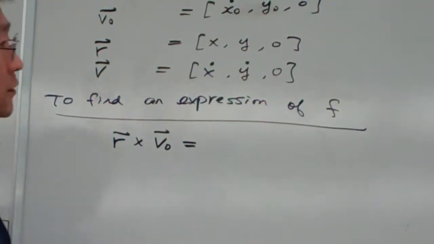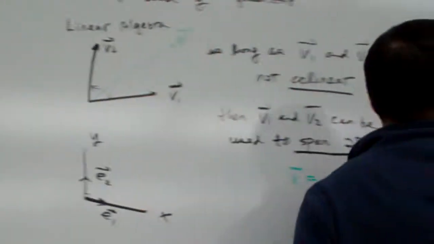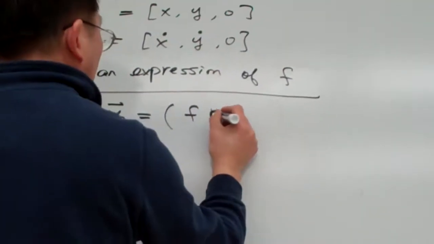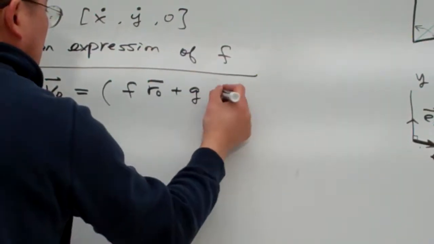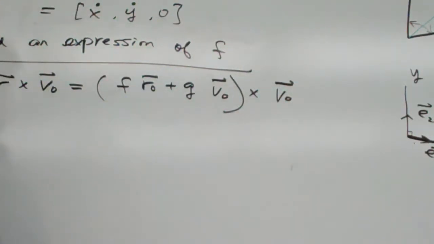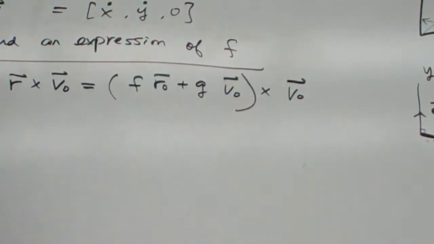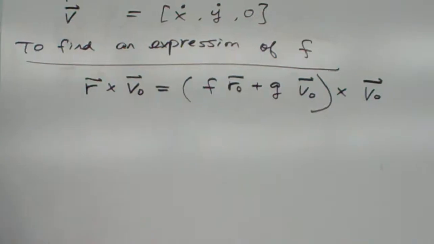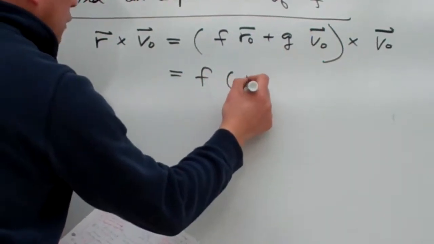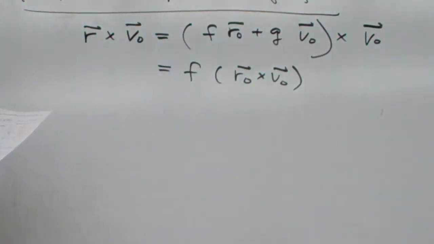So on one side, R we simply plug in there, and R has that expression. So that is F times R0 plus G times V0, dotted with V0 here. Okay. So from here you can see V0 cross V0 becomes 0, so only F remains. So that means this one is equal to F times R0 dot V0.